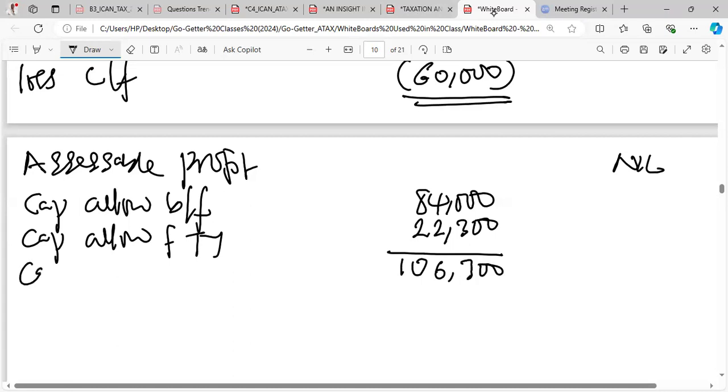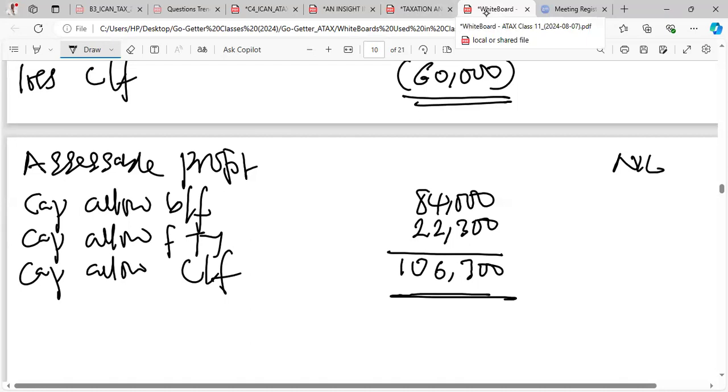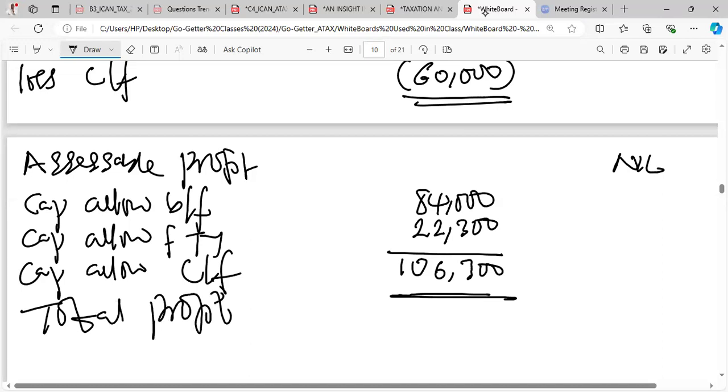So this is capital allowance carried forward. This is claimable carried forward. Total profit is nil.